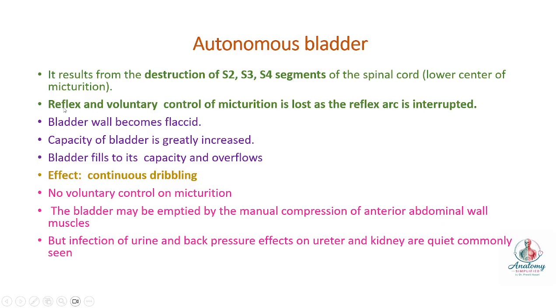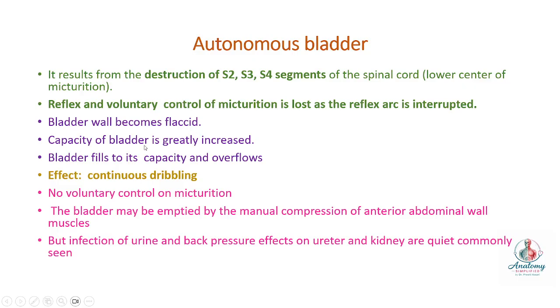The reflex arc and the voluntary control over micturition are lost as the reflex arc is interrupted. That means the pelvic splanchnic nerves are not functioning here. Then the lower motor neuron is not functioning, so the bladder wall becomes flaccid.